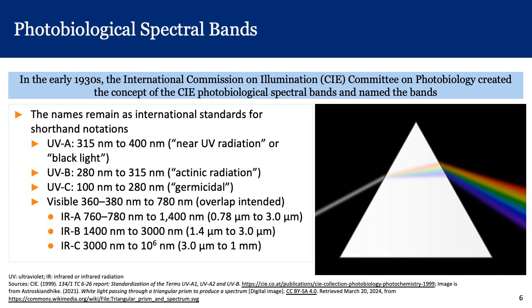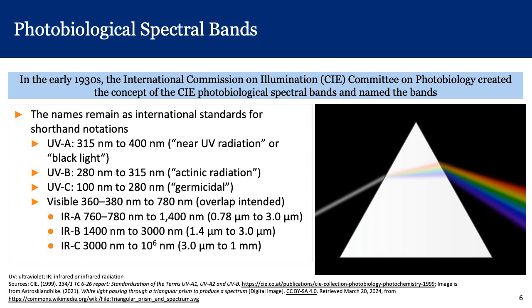So the CIE spectral bands have quite a history. They go back to the 1930s, and it's quite fascinating that they work well in considering photosynthesis and the biological effects of light and UV on plant life, as well as the skin and eye tissues and internal tissues.